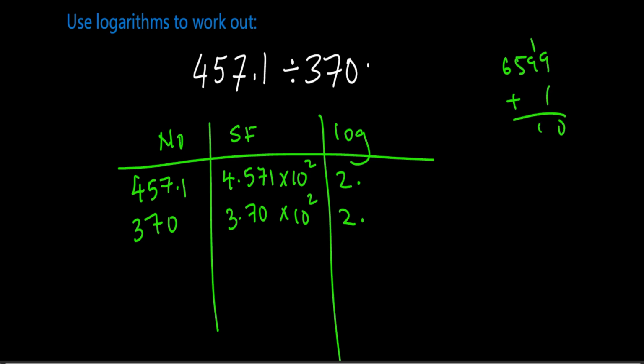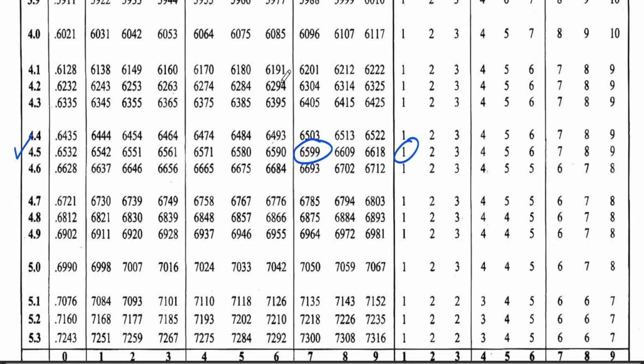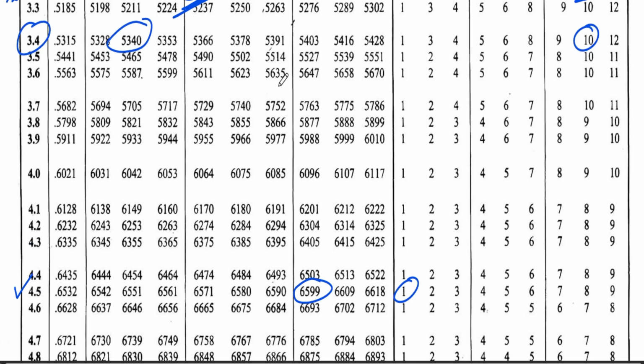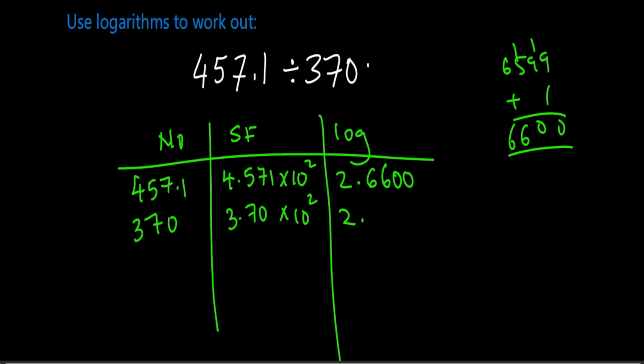Obviously 9 plus 1 gives you 6600. What about 3.7? For 3.7 and 0, it's 0.5682.